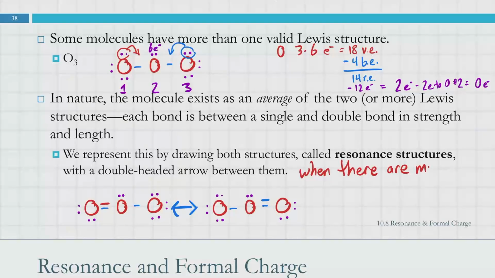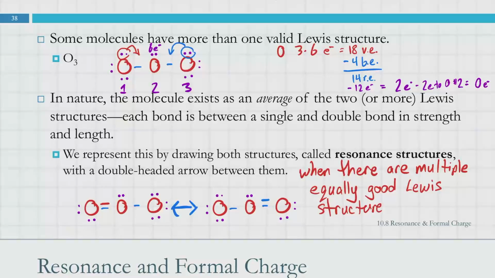So when there are multiple equally good Lewis structures, draw all of them, and use double-headed arrows between them.